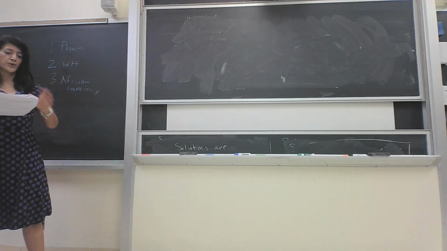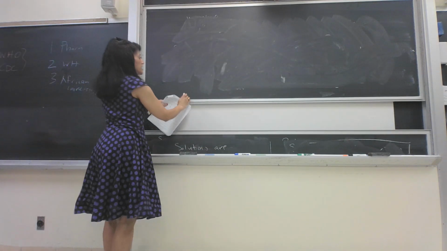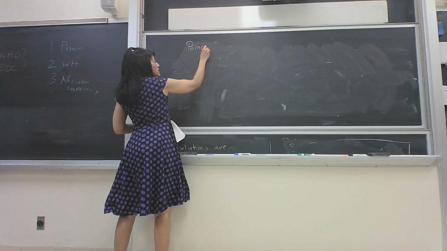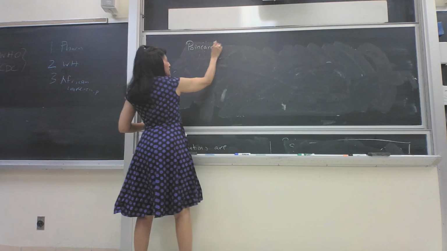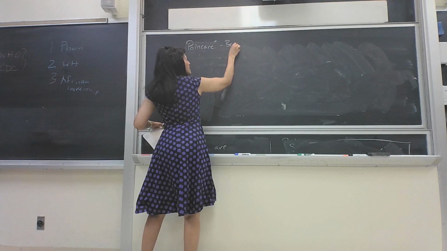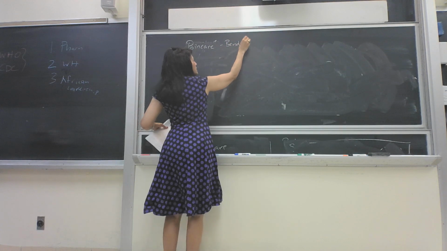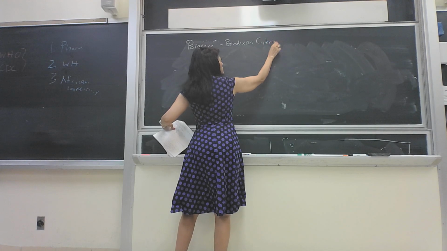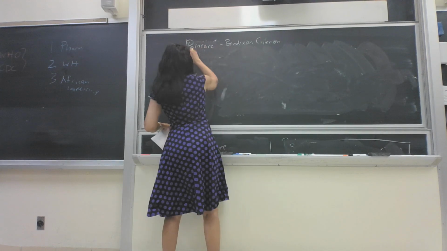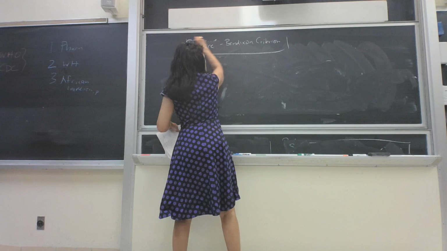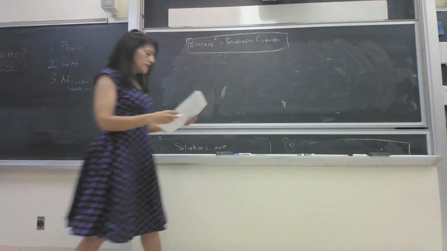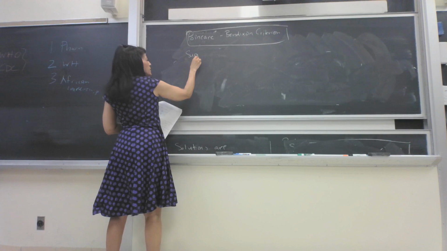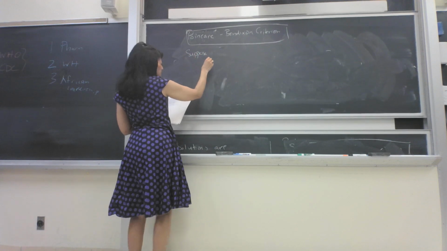I think I will start with Poincare-Bendixson. These are amazing theorems. Poincare is a very cool name. And I wrote it as a checkability theorem, but it's really hard to use.